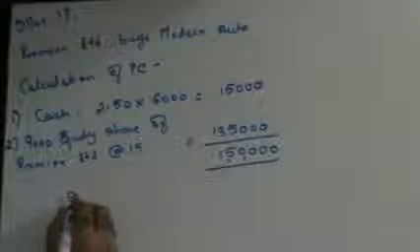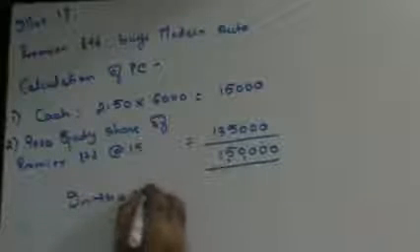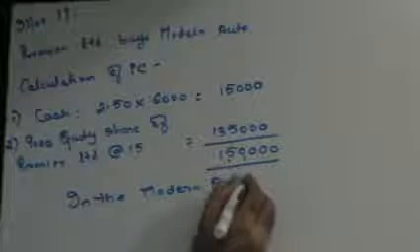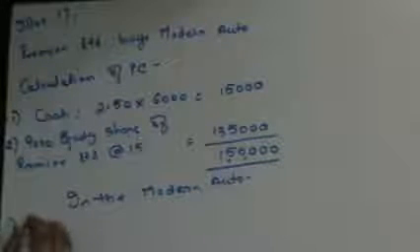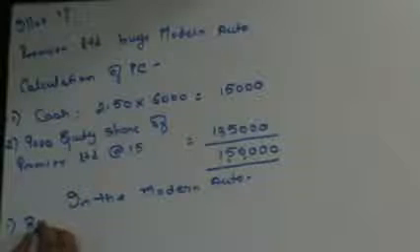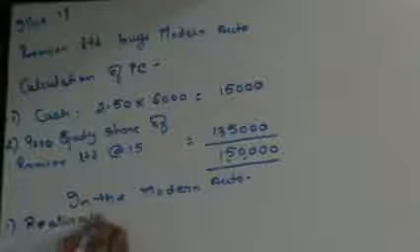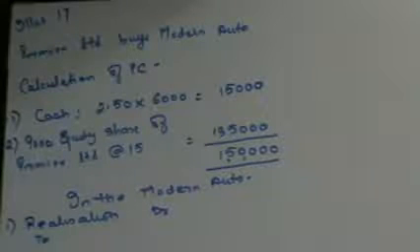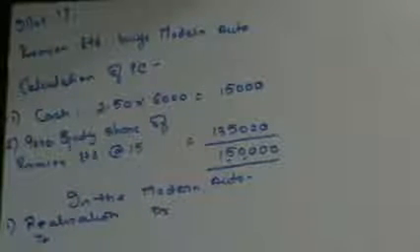First, we'll make journal entries in the books of Modern Auto. How do I make journal entries in the books of Modern Auto? First, you transfer all the assets. So realization account debit to. Look at the asset side of your balance sheet.